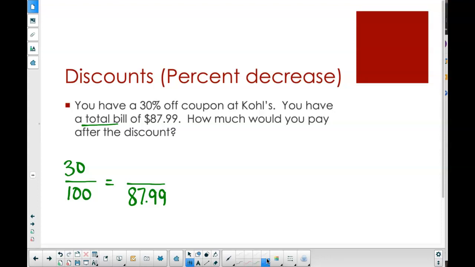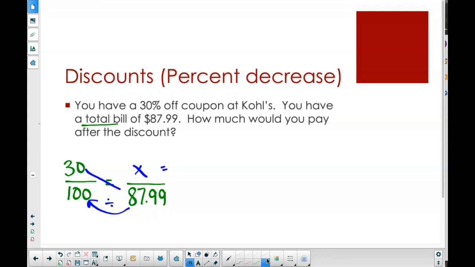We multiply. I'm going to put an X on the top. 30 times 87.99 divided by 100. And how many decimal places should I go to? Matthew. 2. Why 2? It's a dollar amount.